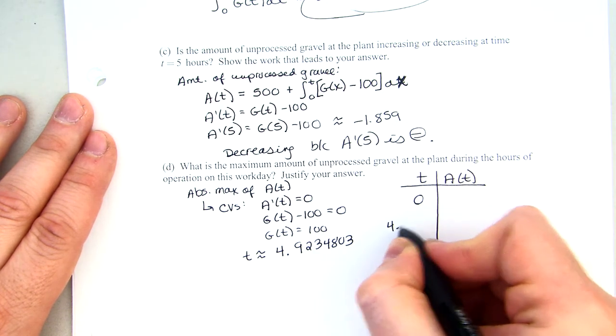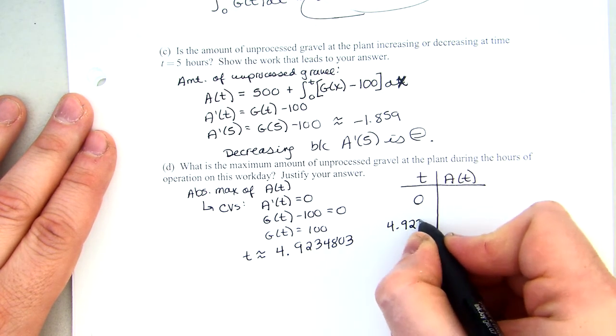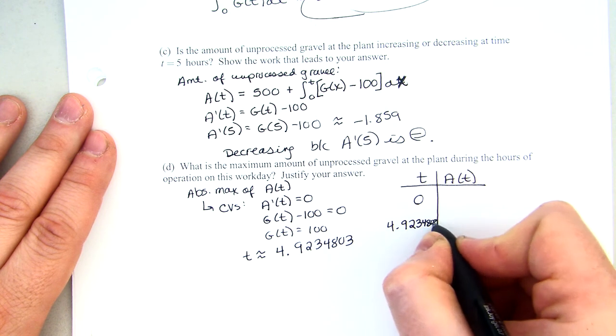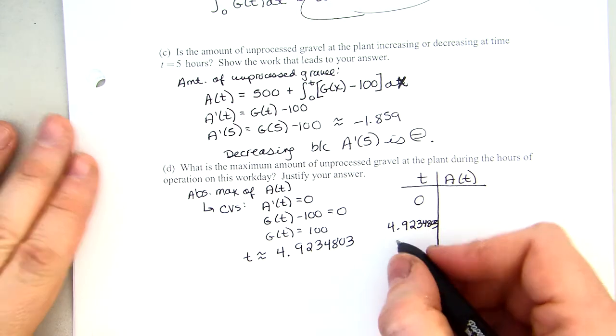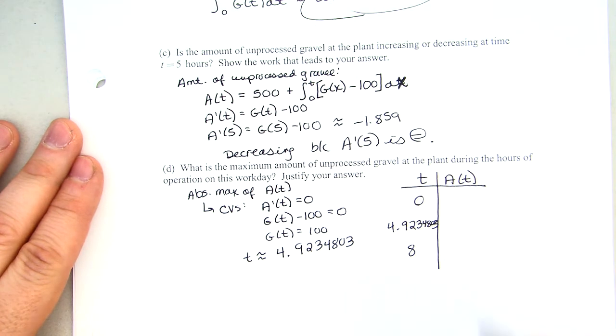And here, I don't think it's obvious that it has to occur at that critical value. You could have the most when it first opens. You could have the most at the end of the day. Either of those 3 options are logical places for this.